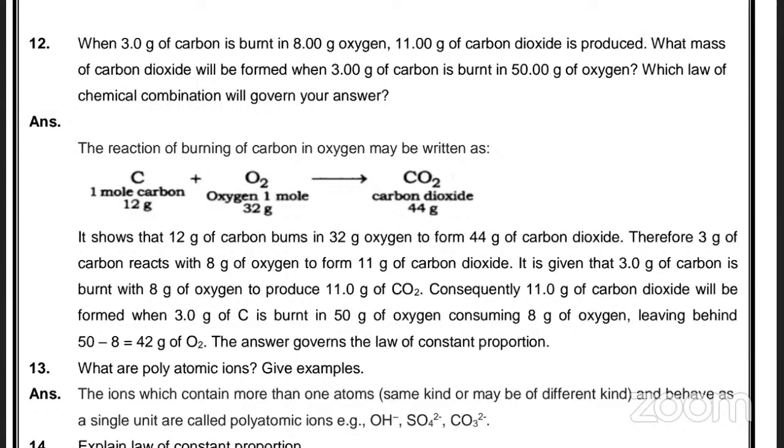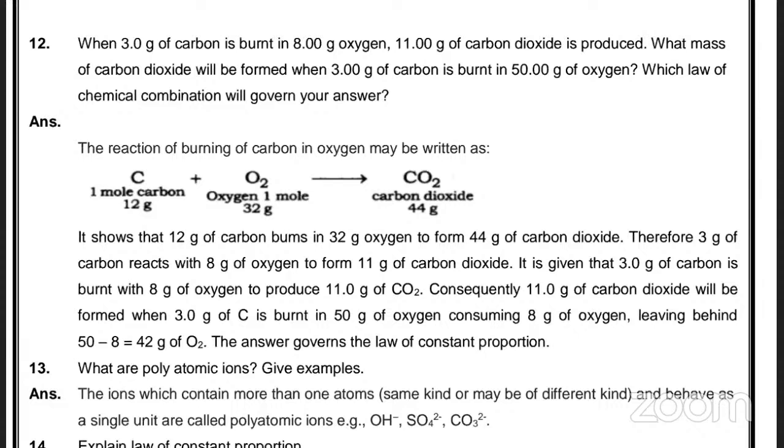Advay, can you just read the answer again? Okay, sir. Please, all of you listen carefully. The reaction of burning of carbon and oxygen may be written as C, 1 mole carbon of 12 gram, plus O2, oxygen 1 mole 32 gram, is equal to carbon dioxide 44 gram. It shows that 12 gram of carbon burns in 32 gram of oxygen to form 44 gram of carbon dioxide.